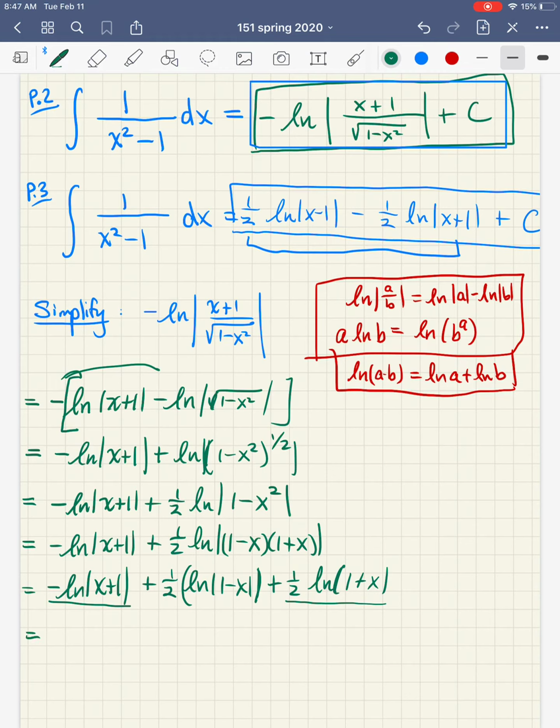When I combine those, let's rewrite the middle term. That's 1/2 log of 1 minus x. And then these other two terms are going to combine to give me negative 1/2 log of x plus 1.